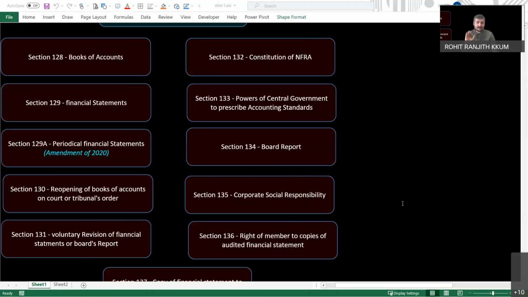Look at this story, this is very important. The income tax department seized all the material, vouchers, sales invoices, purchase invoices, and when they compared, they found that the books of accounts were not properly maintained, and now they want to revise them.